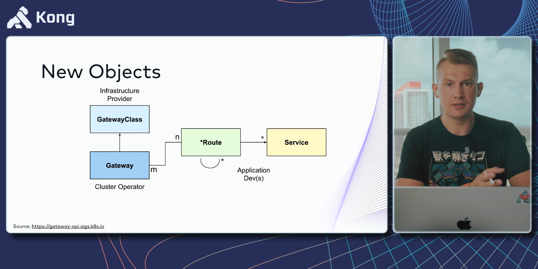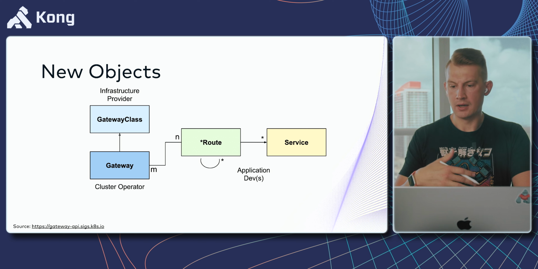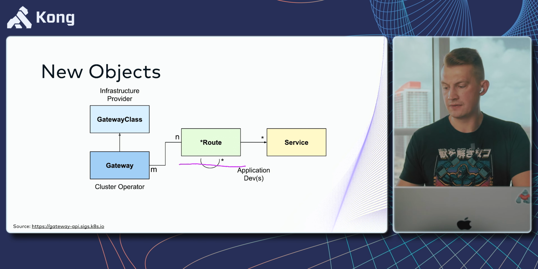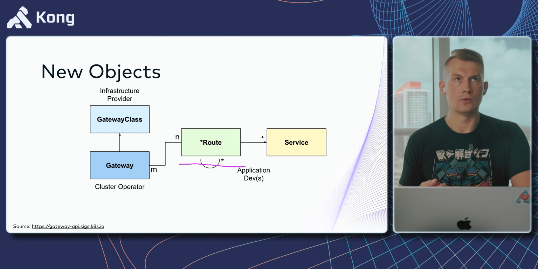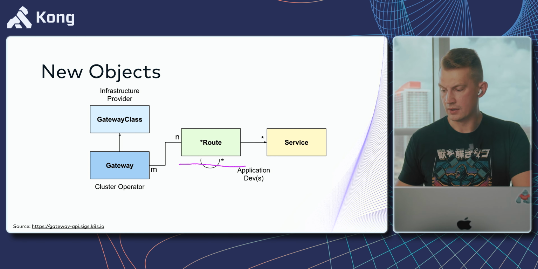But in Ingress, it was limited to path and host. With the gateway, you will be able to define this routing also based on headers, like some arbitrary headers. I'll show you in a demo in a bit. And after that, based on different rules, this particular request will hit a particular route.